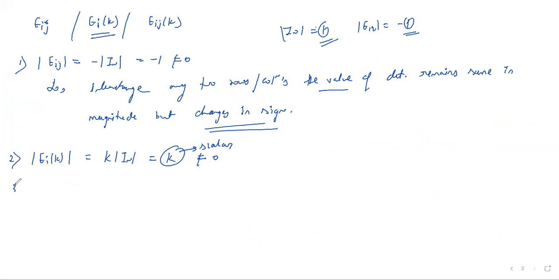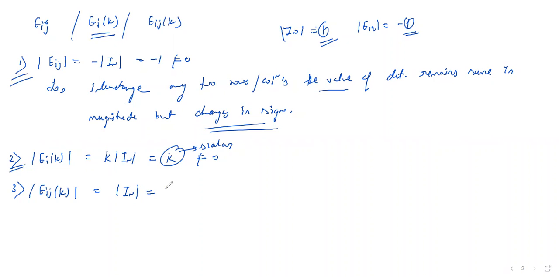Now we'll look at another determinant, which is the determinant of Eijk. When we take out the determinant of this Eijk, we get the determinant of identity. You can check it like we have done for the earlier two.